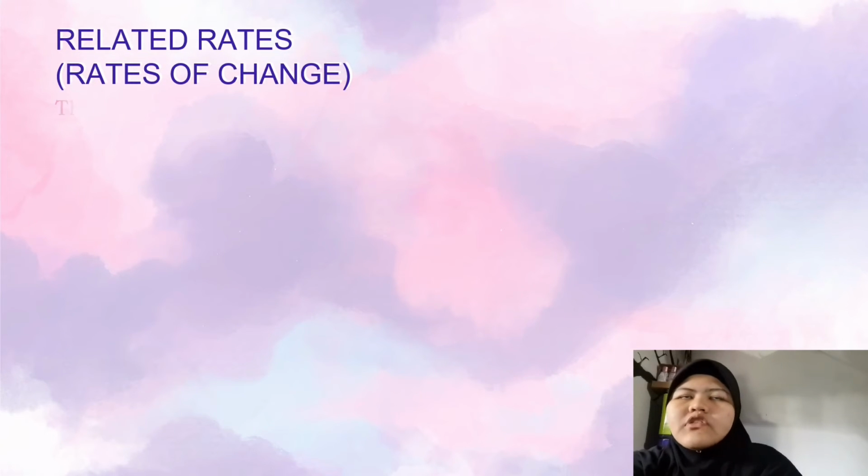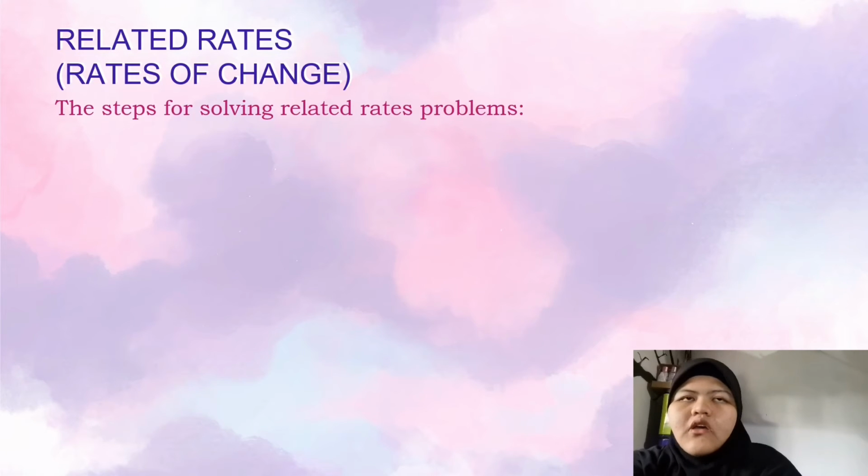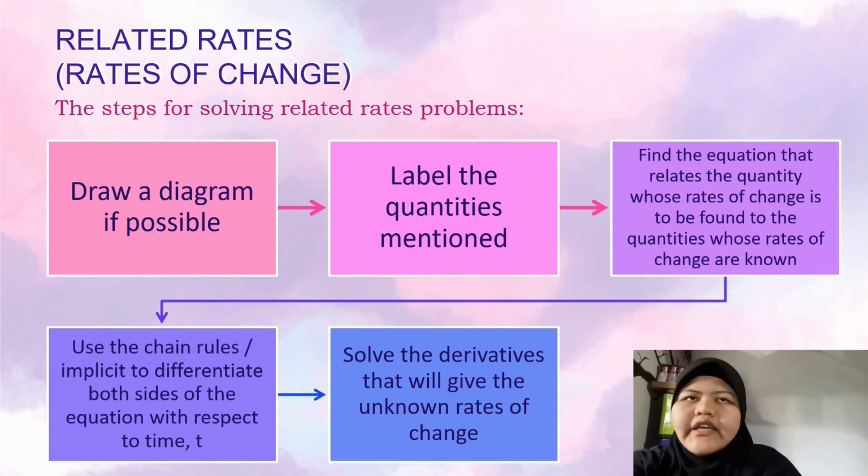The steps for solving related rate problems. First, you need to draw a diagram if possible. Next, you have to label the quantities mentioned in the question. The third step is to find the equation that relates the quantity whose rate of change is to be found to the quantities whose rates of change are known.